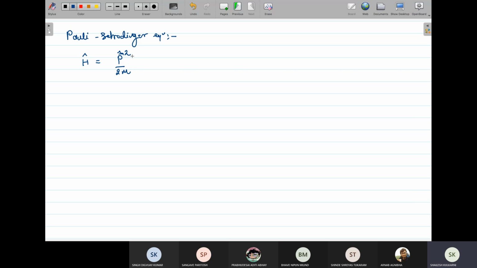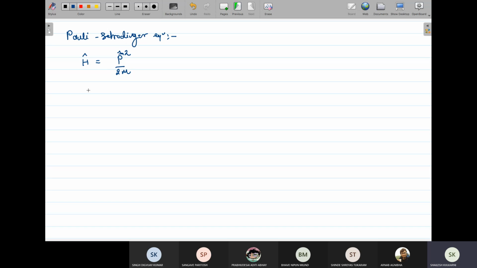Even if you put spin, the Hamiltonian form should be of this p square by 2m, but the spin information should be there. p does not carry any spin information, it is your linear momentum.